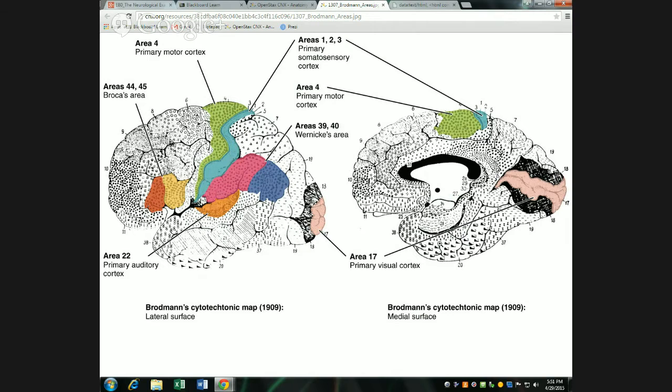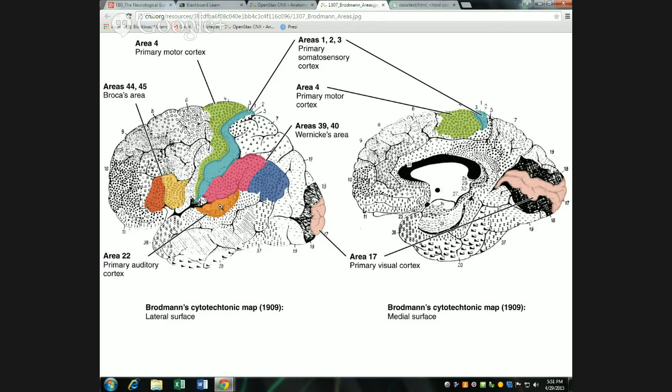But for example, this area 17 that's colored in this kind of pinkish color, is known as primary visual cortex. That area is where we receive information from the retina, actually not directly, through the thalamus, but that's the first place in the cortex where we receive that information. And we start to process that, and it's the beginning of our conscious perception of vision.